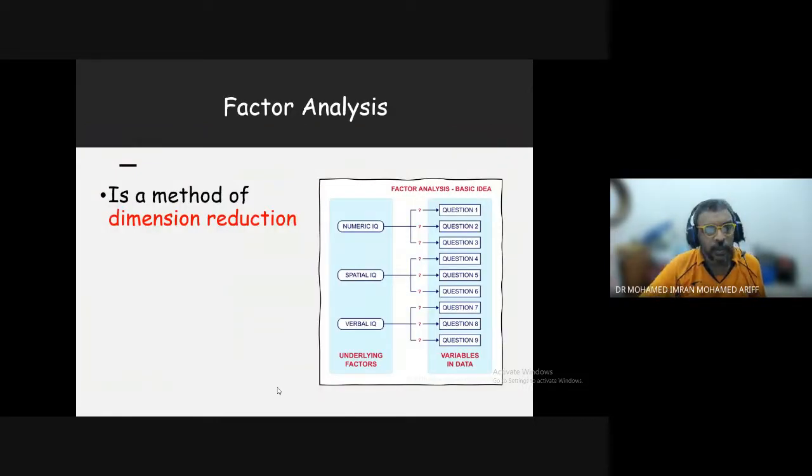Okay, next we do factor analysis. Okay, this again is to reduce the dimension. So dalam factor analysis, there are 2 things that we need to look at: reduce the dimension and maybe the questions that you ask mean something else. Contoh macam ni. Let's say we are looking at performance.